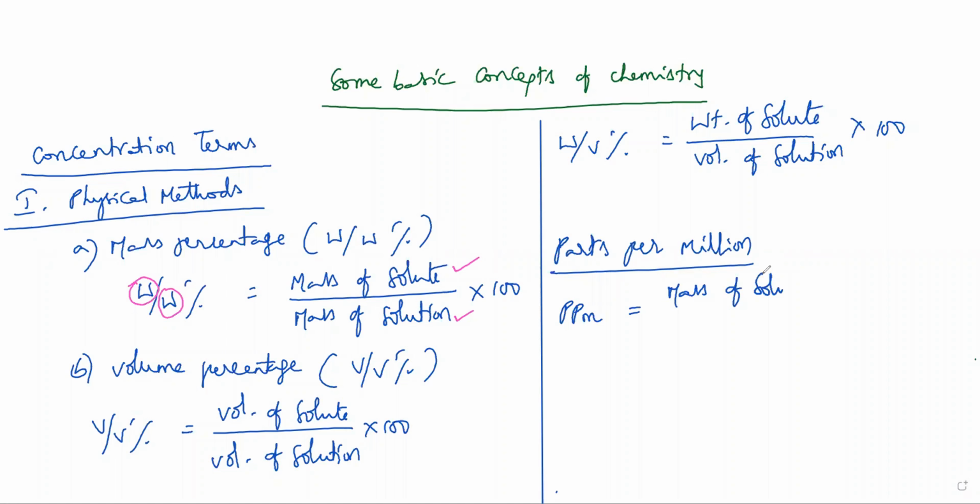Mass of solute by mass of solution into 10 power 6. So this is all about physical methods, concentration terms, but these are all physical methods, right? So next, chemical methods. We'll move to chemical methods now.